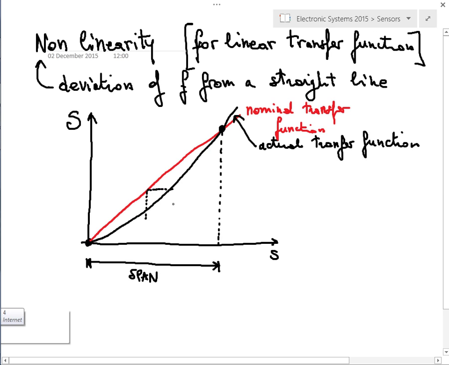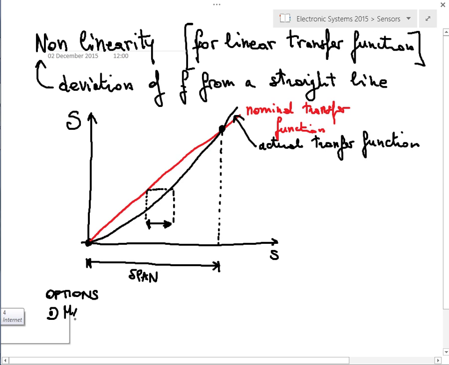So in this case, these are the options for defining a nonlinearity.